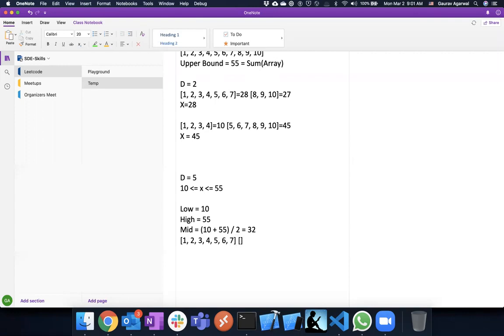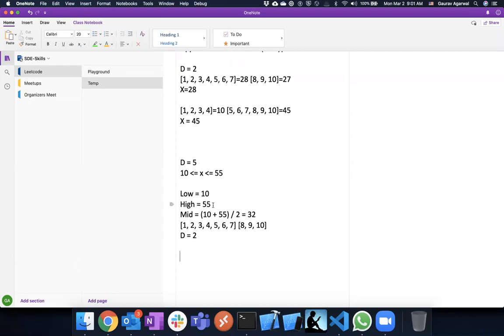And then we can do 8, 9, and 10 in this shipment, which is still 27. So the number of days that comes here is 2. Because in 2 days, given a capacity of 32, we should be able to ship all the packages. But we don't want 2 days, we want 5 days. So this indicates that 32 is not the right number.